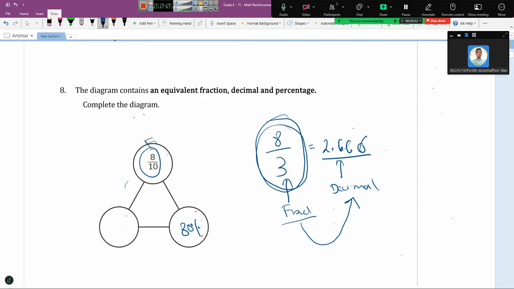Similarly, this is a fraction and in this circle we have to write down the decimal number. So can you just apply the same step that we followed for converting the fraction to decimal to find out this one also? You didn't get my point, right?